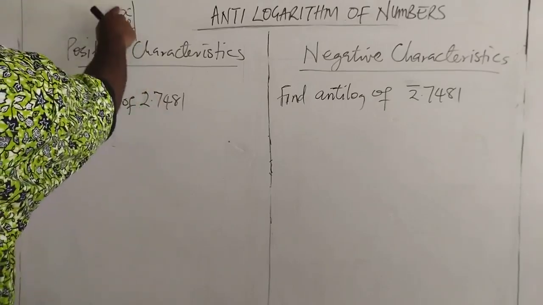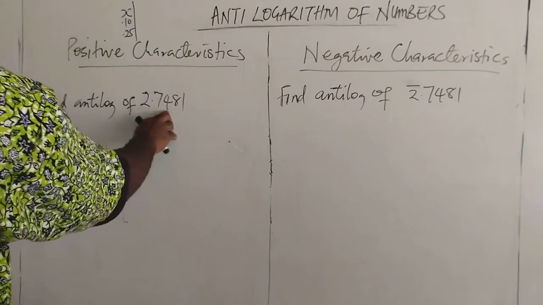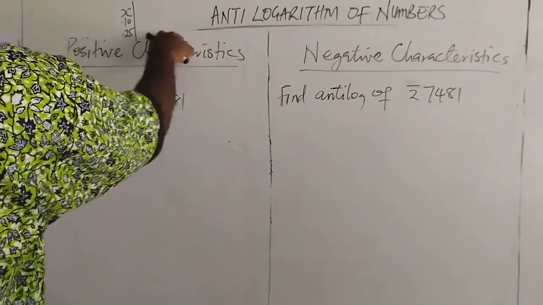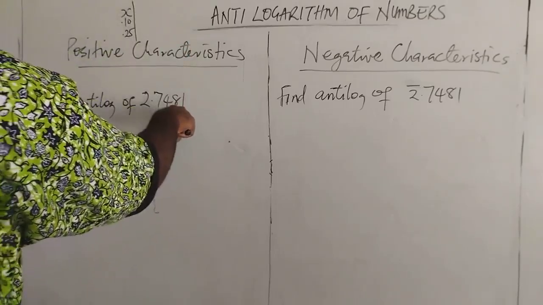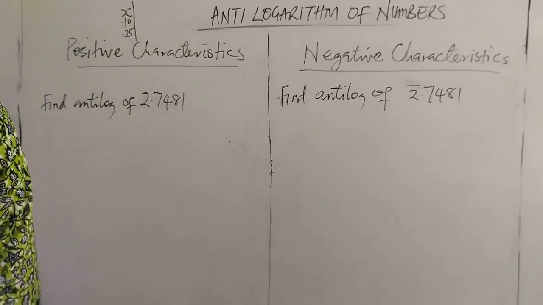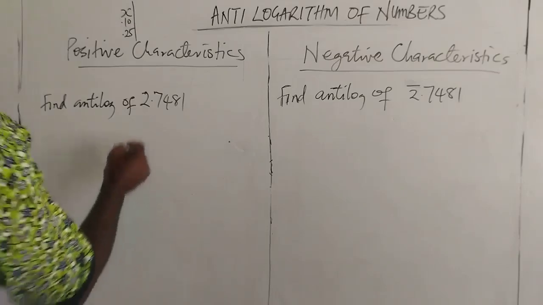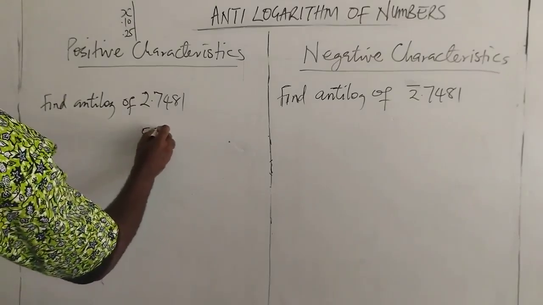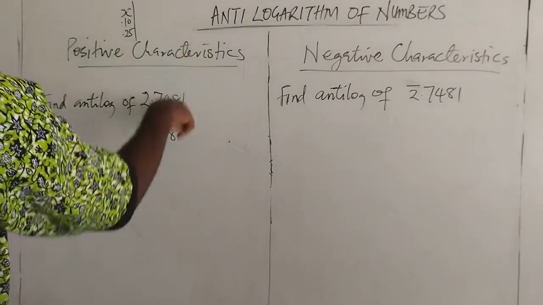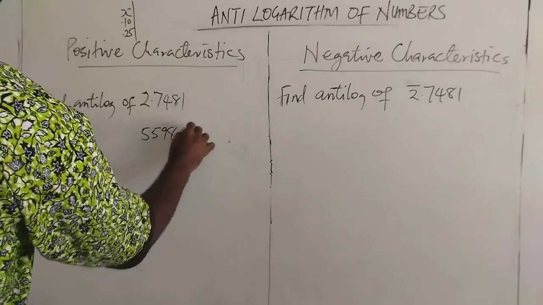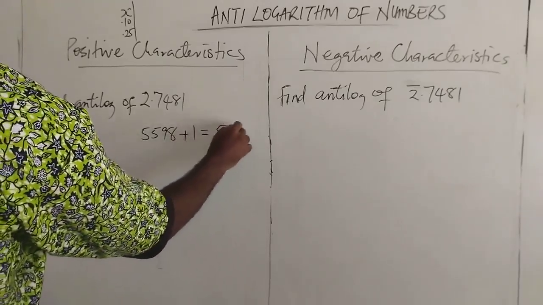That's what we'll check under column X. We'll look for 0.74, trace it under column 8, difference 1. If you do that, it will give you 5598. Difference 1 is 1. You add it, it will give you 5599.